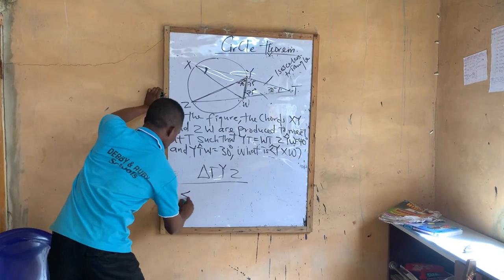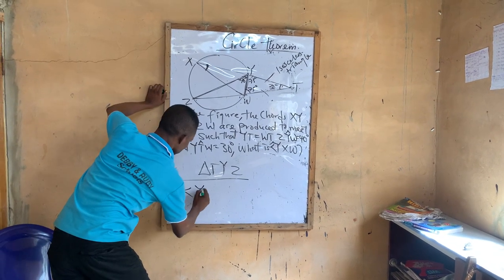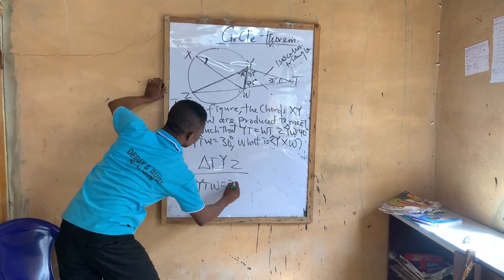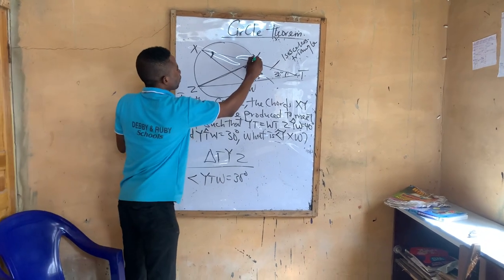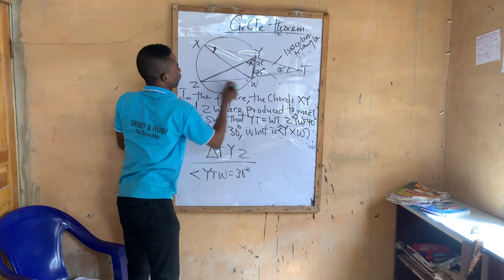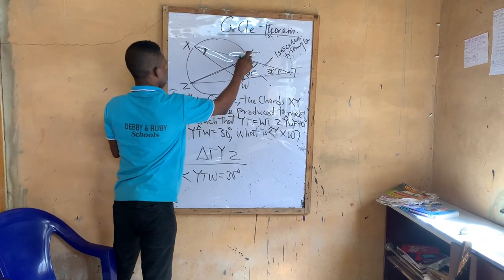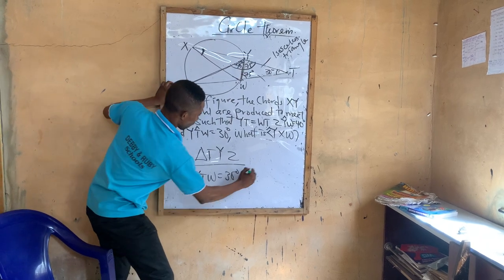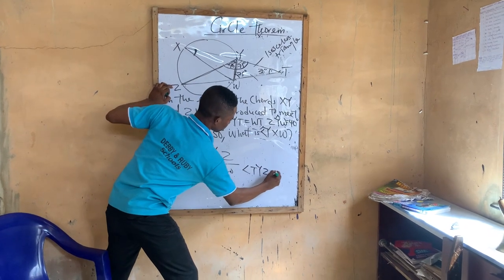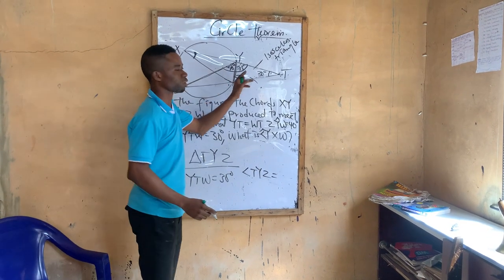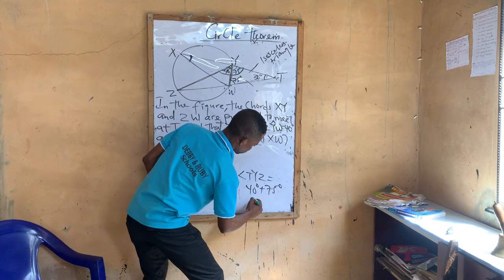Angle YTW gives me 30 degrees. And for this whole triangle that I form here, angle TYZ would be 40 degrees plus 75 degrees.